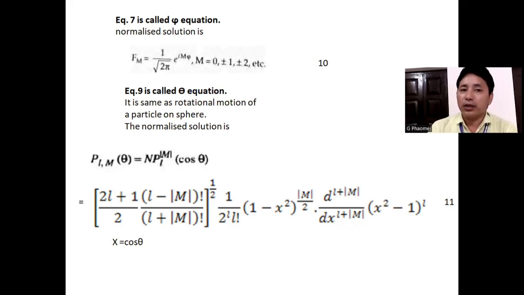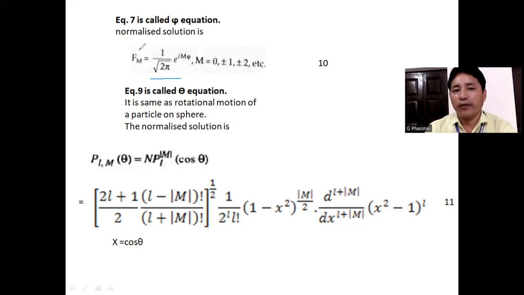However, if the motion is about the hydrogen atom, the acceptable solution is only this one, where m has the value of 0, plus or minus 1, or plus or minus 2, etc. So this is the acceptable solution.